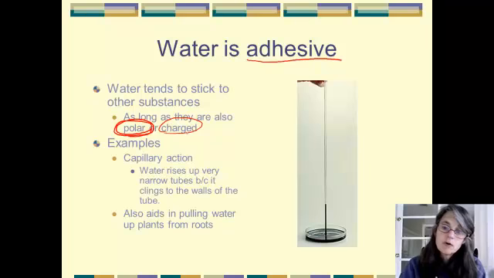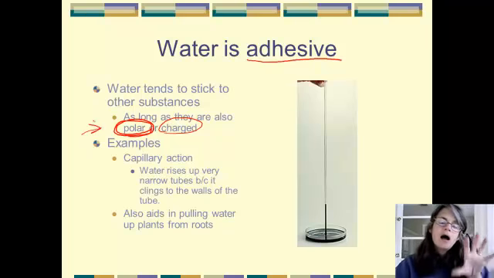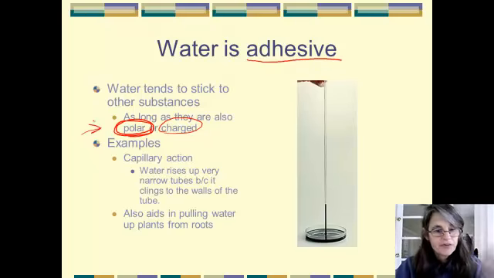Well, it's the same thing with water molecules. They want to stick to other things that are charged or at least slightly charged. If the substance you're trying to stick the water to isn't charged or isn't polar, there's no attraction there. So as long as you are trying to attach water to something that is also charged, it will stick to it.